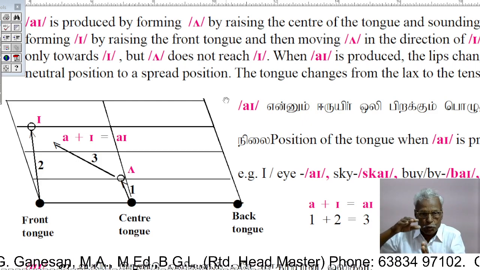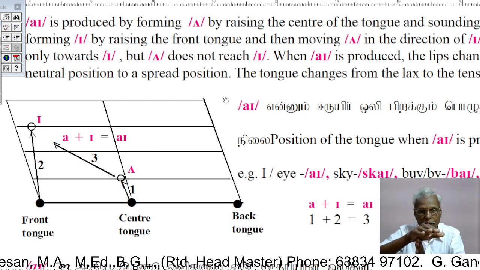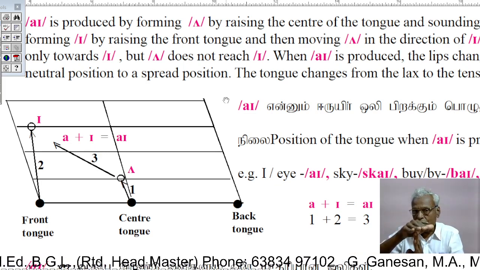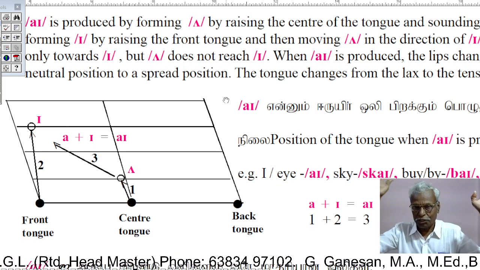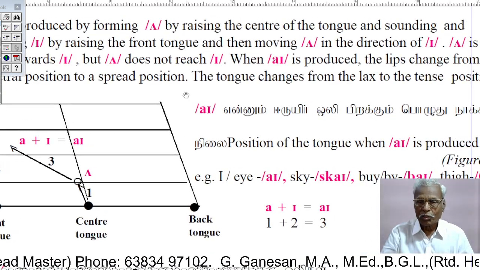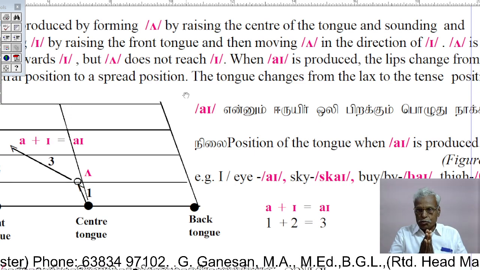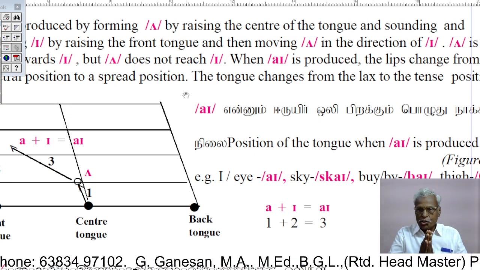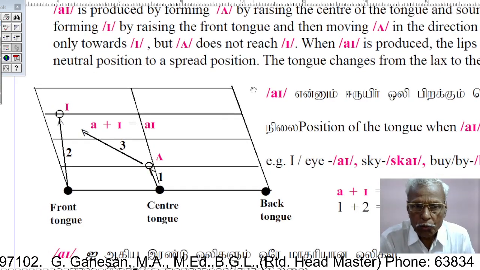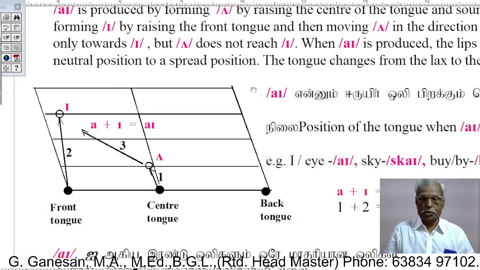/a/ is moved towards /ɪ/ only. /a/ does not reach /ɪ/. When /aɪ/ is produced, the lips change from a neutral position to a spread position.